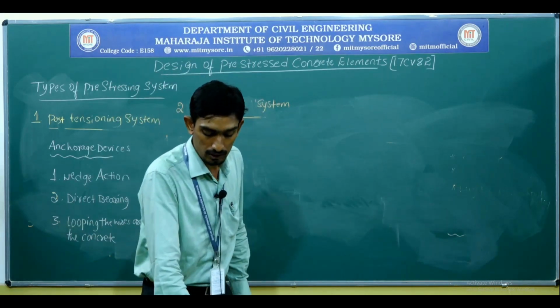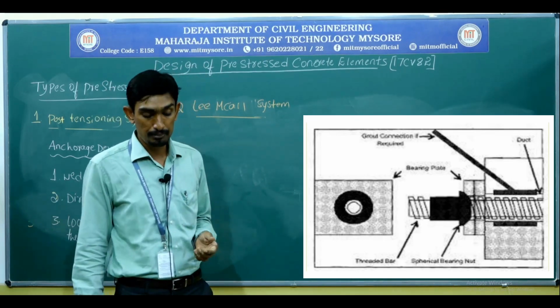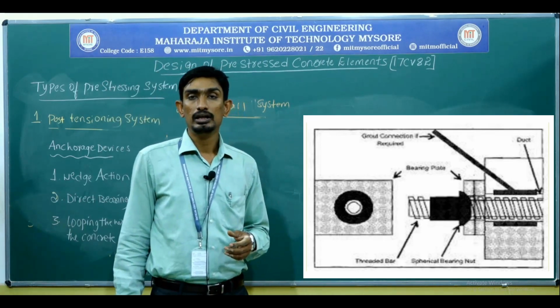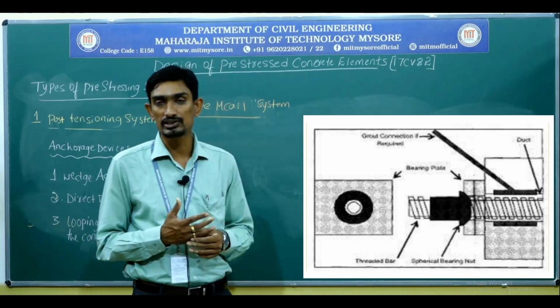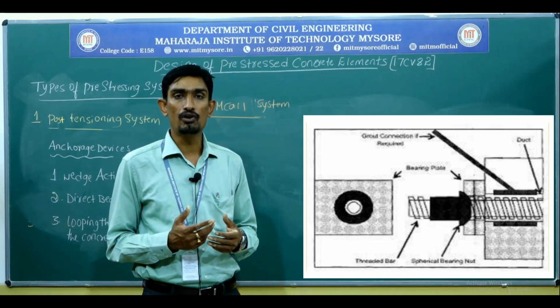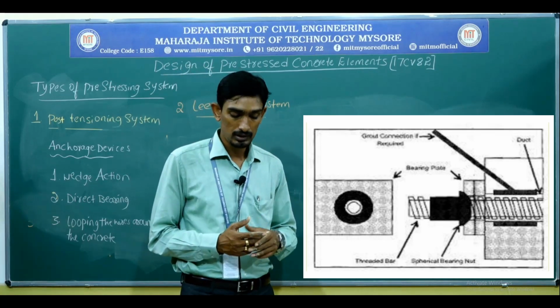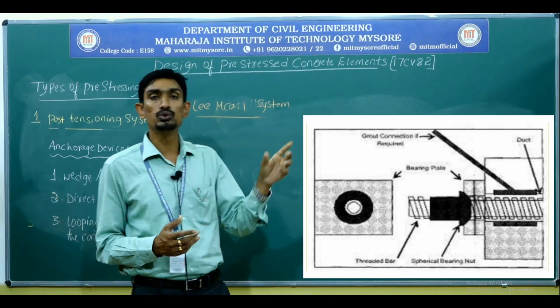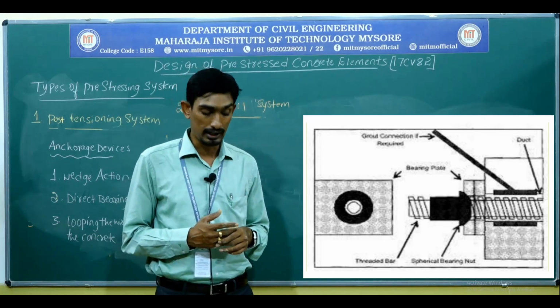Here also you can see in the diagram, instead of going with wires, what he showcased here is high tensile rods of 12 to 40 mm, which will be sent through, or embedded in, the concrete.